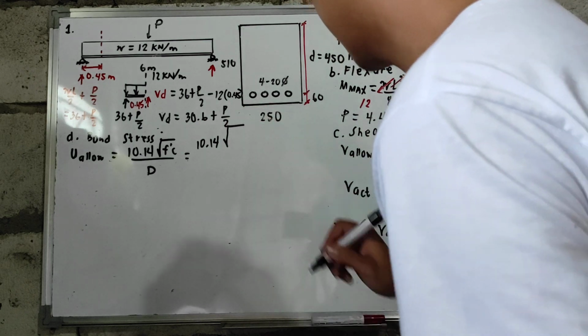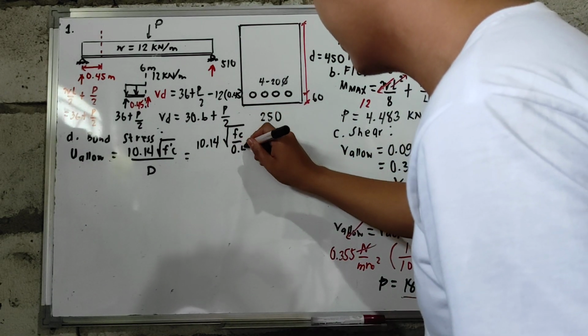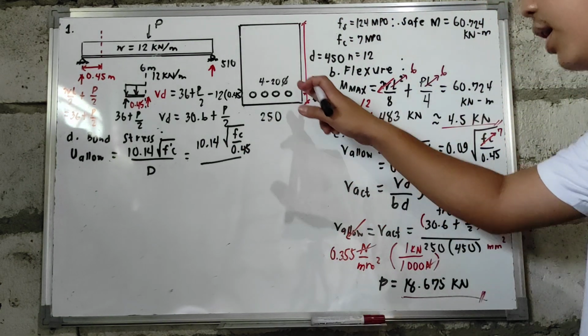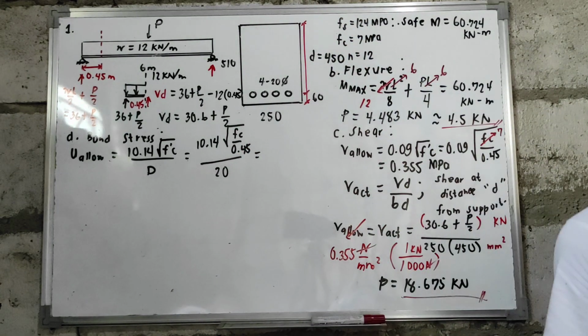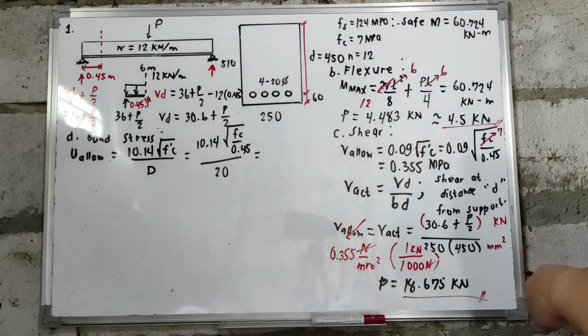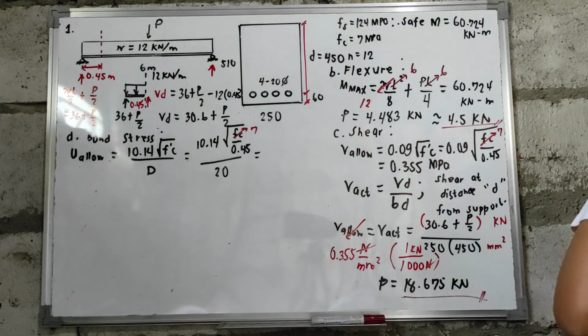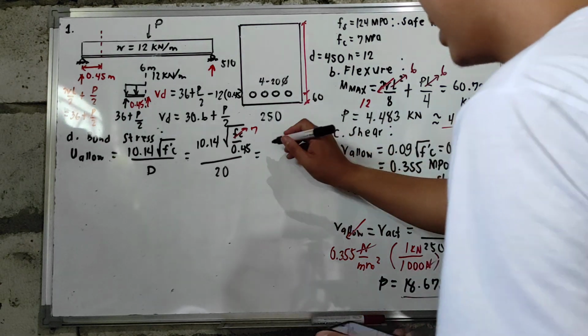Our F prime C is FC over 0.45, and our D, the diameter of our steel bar, is equal to 20. Our F sub C here is 7. So the value of your allowable bond stress is equal to 2 megapascal.